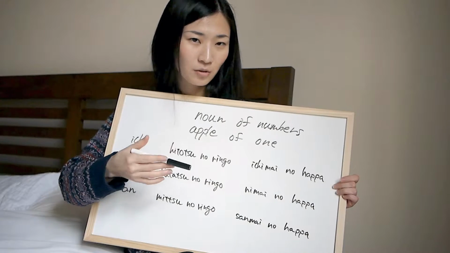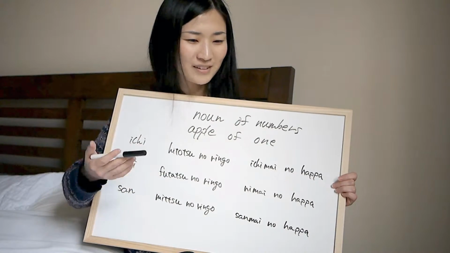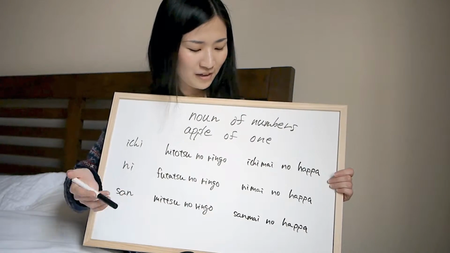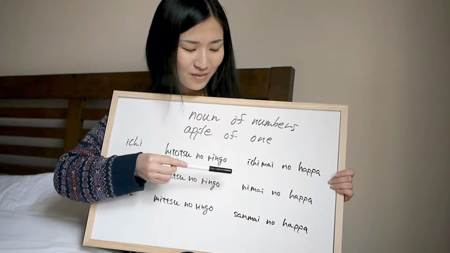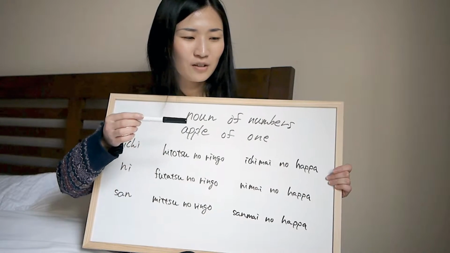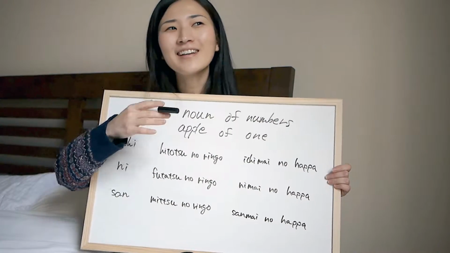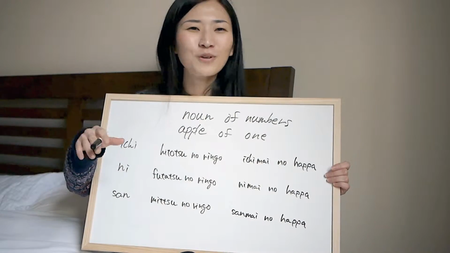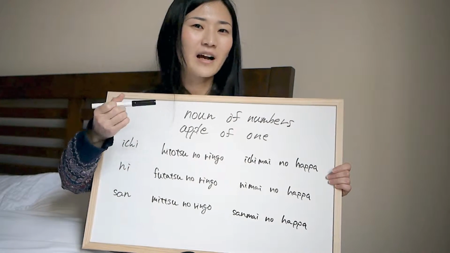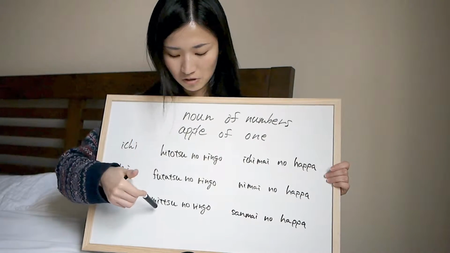Depending on the object, we have to change the numbers, which might sound a bit weird for those used to English or other European languages, but it means you have to memorize the counting for each object. Fortunately it's not that each single possible object has a different counting, but the counting changes depending on the category or the shape of the nouns.